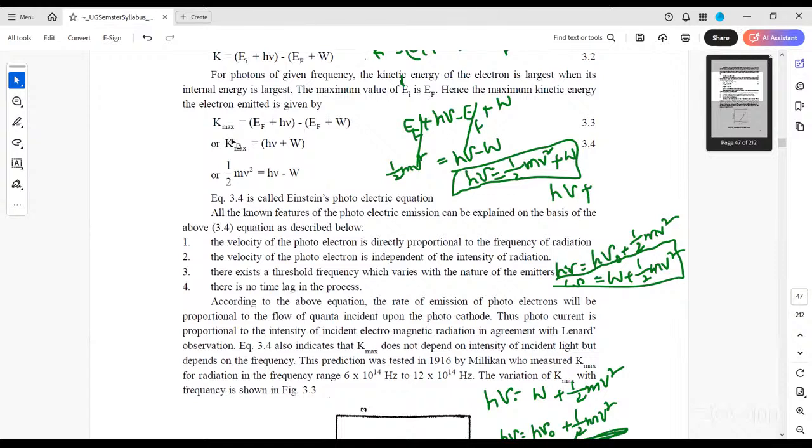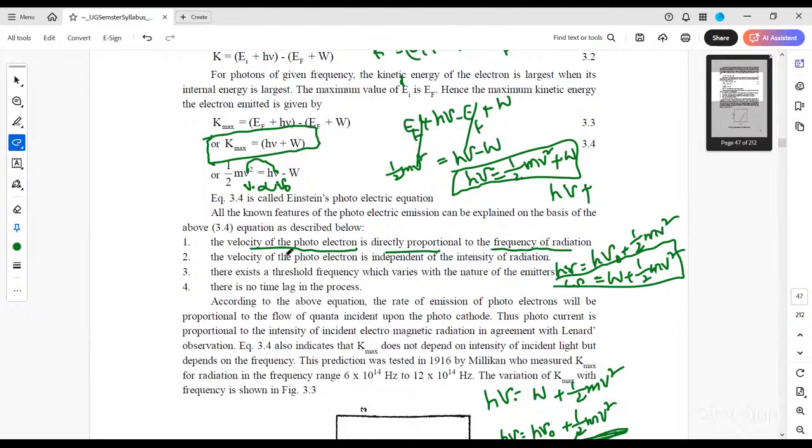K maximum equals h nu minus W. Here, what you understood is that the velocity is directly proportional to the frequency, nu naught. It is given in the first point. See here, the velocity of the photoelectron is directly proportional to the frequency of the radiation.